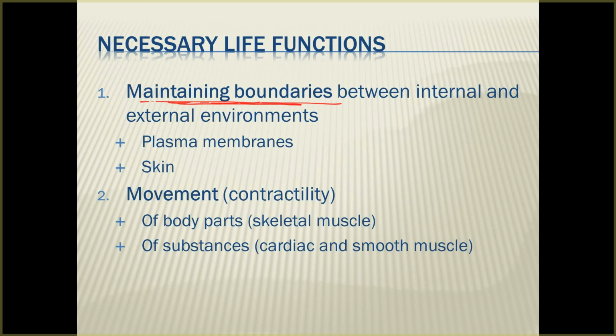Also within the body, you have boundaries between different organs and even between individual cells. You have boundaries so that this cell type has certain jobs and this cell type over here has its own jobs.